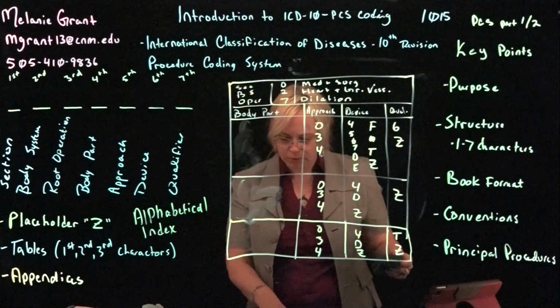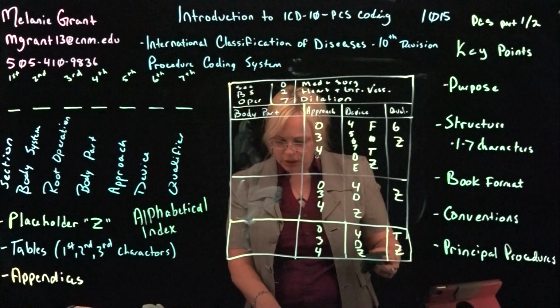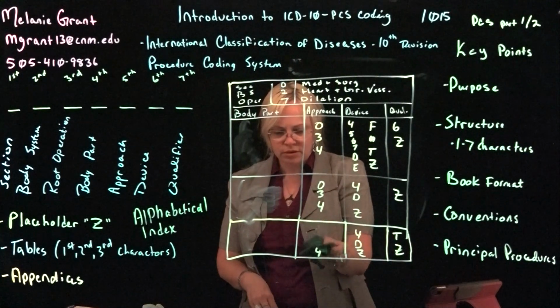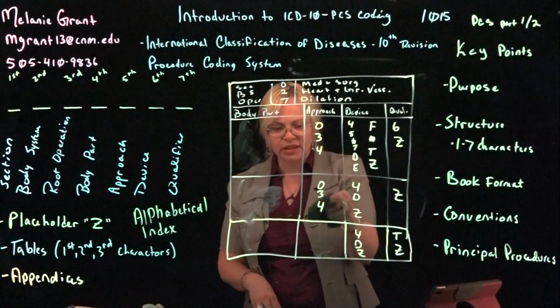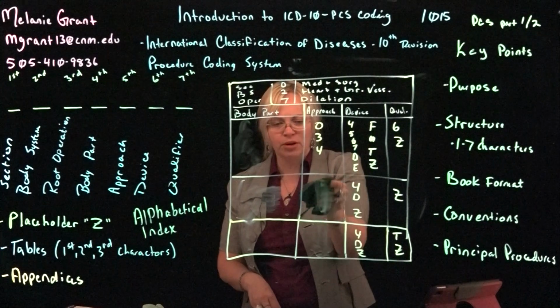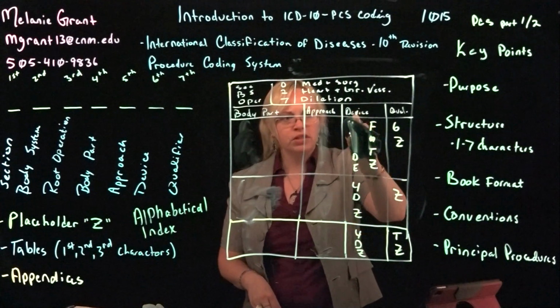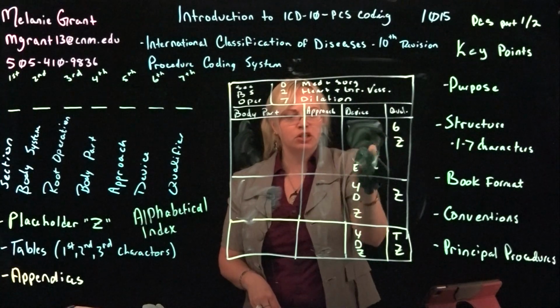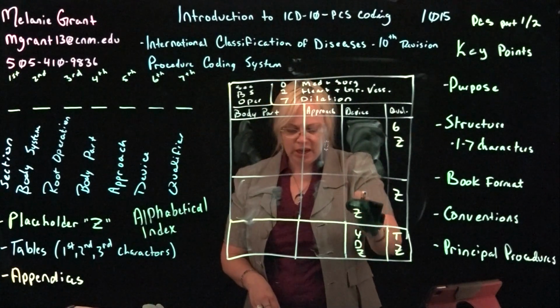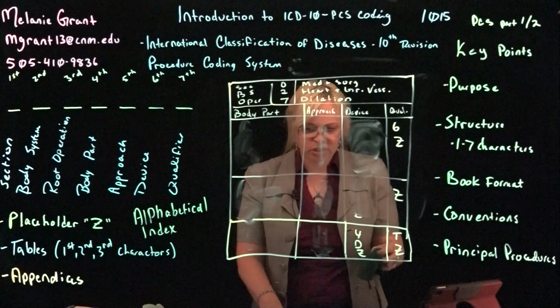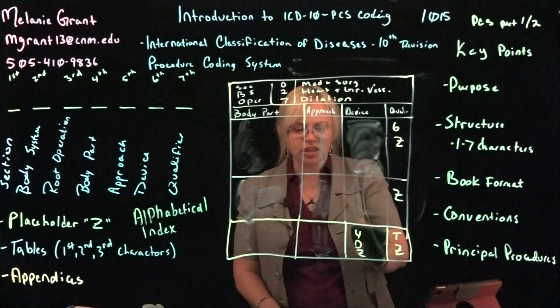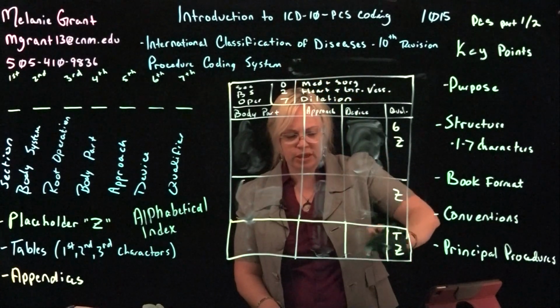So we're going to look for the body system for lower bones, because we're not just looking at the knee, we're looking at the entire lower area. And then what is our root operation? That's going to change depending on what system you're in. And in this case, the root operation is plain radiology, meaning just an x-ray. The purpose is to do an x-ray.